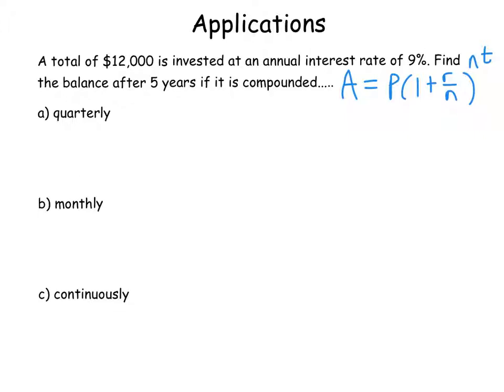So our first one tells us that our $12,000 investment is going to be compounded quarterly. This is the number of times that our interest is added to our principal. If we're the one doing the investment, the more often the better. So this is saying that the interest will be added to our principal 4 times a year.